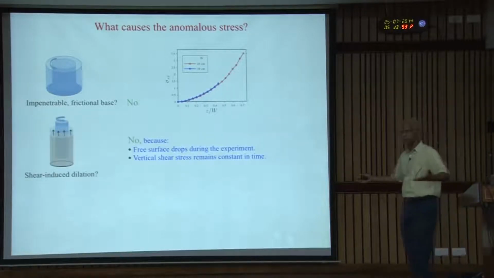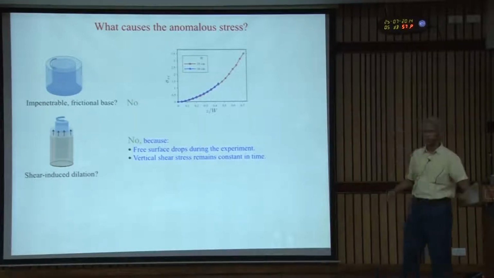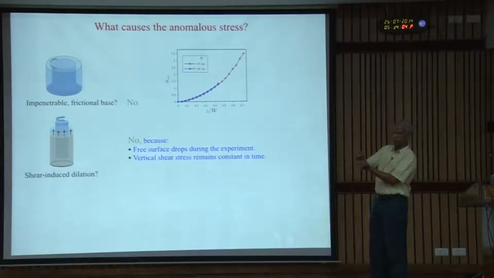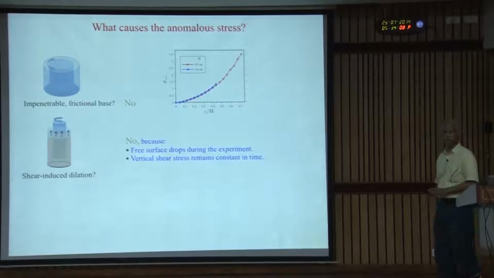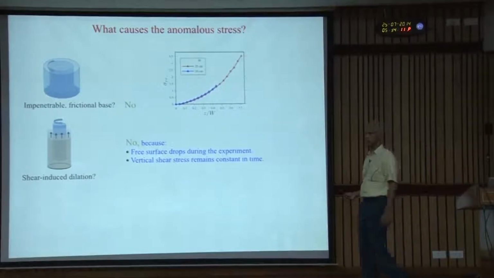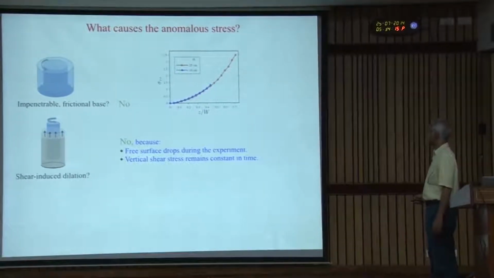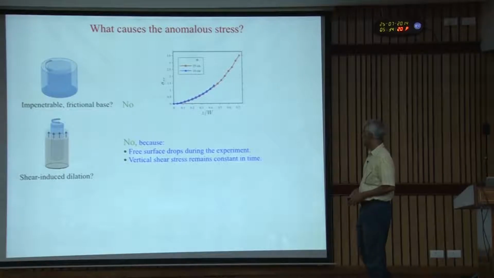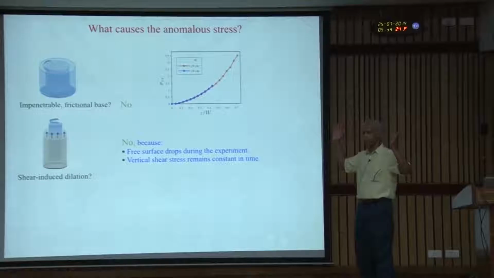Now, is it because the material is dilating? Now, it's well known that when you shear a granular material and you deform, it dilates. Grains try to move, and when they try to move past each other, they have to move apart. That was discovered by Reynolds long ago, and is named after him, Reynolds dilation. So is it because of that? Well, it isn't, because we shear it for so long that dilation has happened.